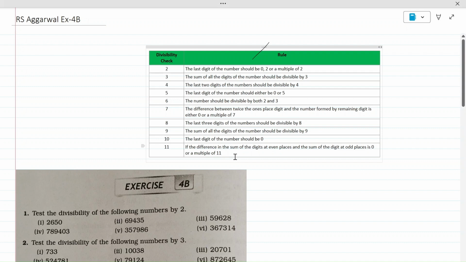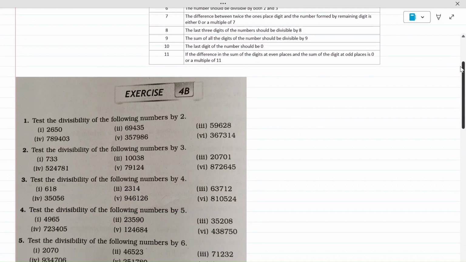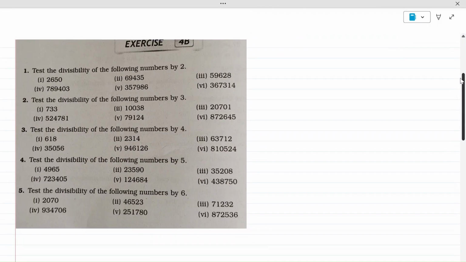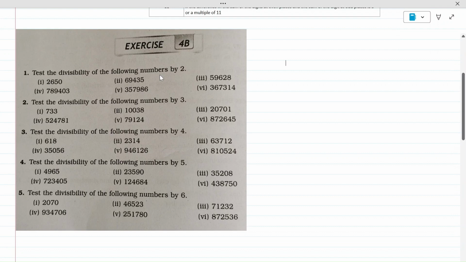If the difference is either 0 or a multiple of 11, then that number is divisible by 11, right? So now these are the rules, and let's start quickly with the exercise. Kids, I'm going to pick a few questions from each of these parts, because we have already done many questions from NCERT based on this. Okay, so let's start with this.